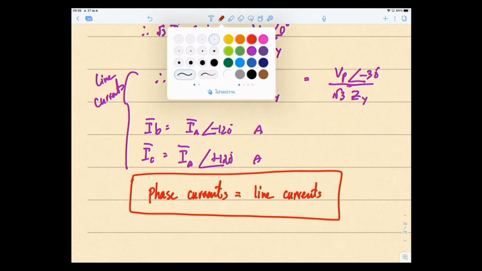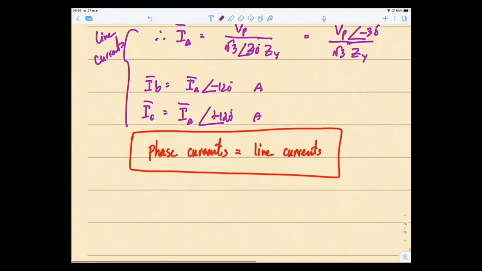Next one is the balanced delta-delta connection.